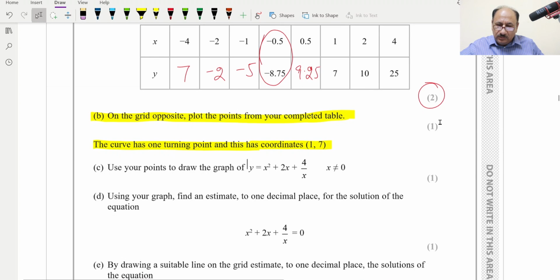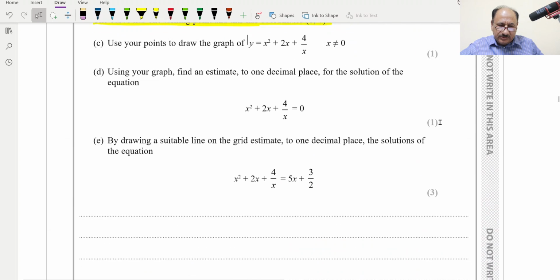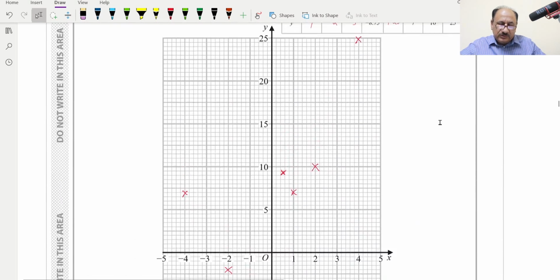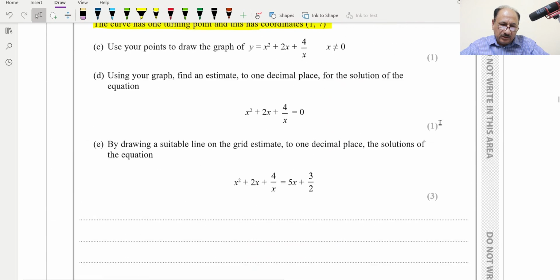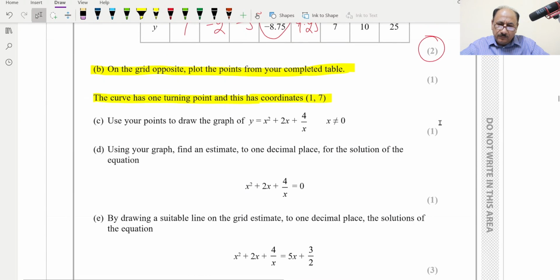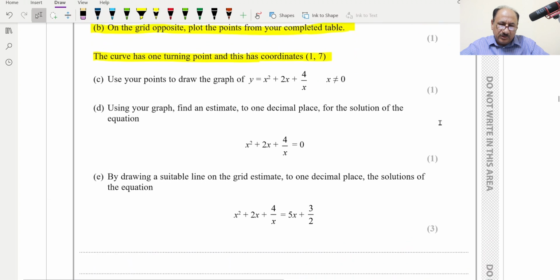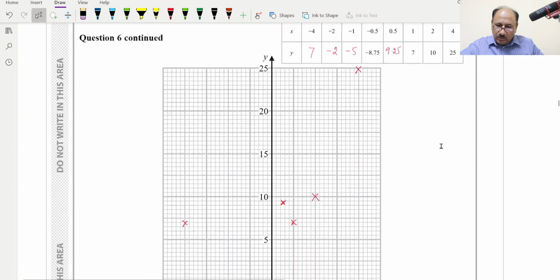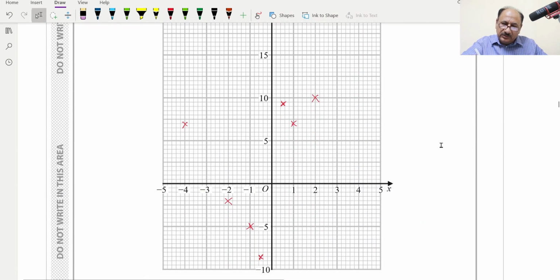So 1 and 7 is the turning point. We can just highlight that this is the turning point.